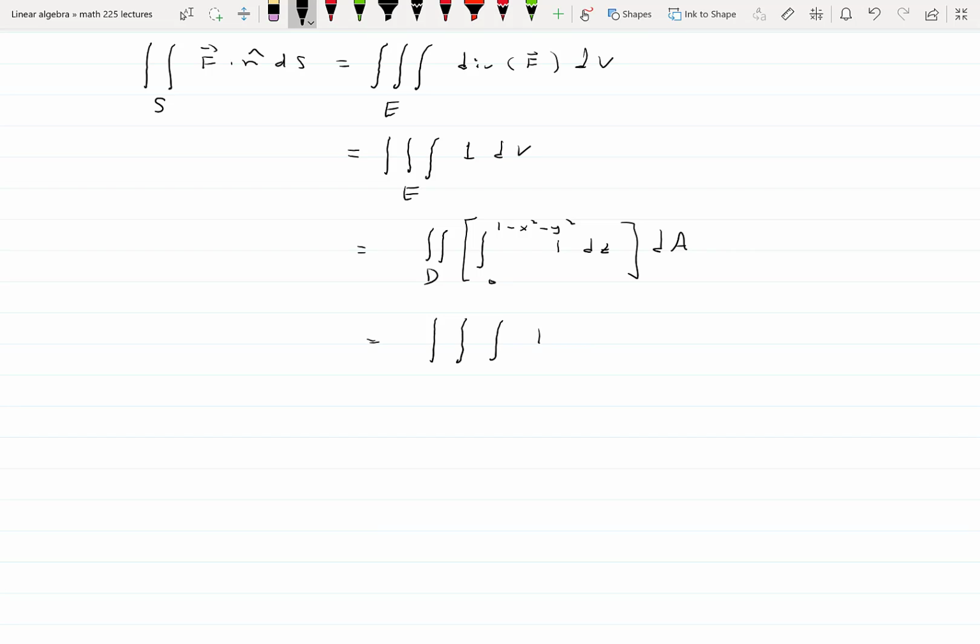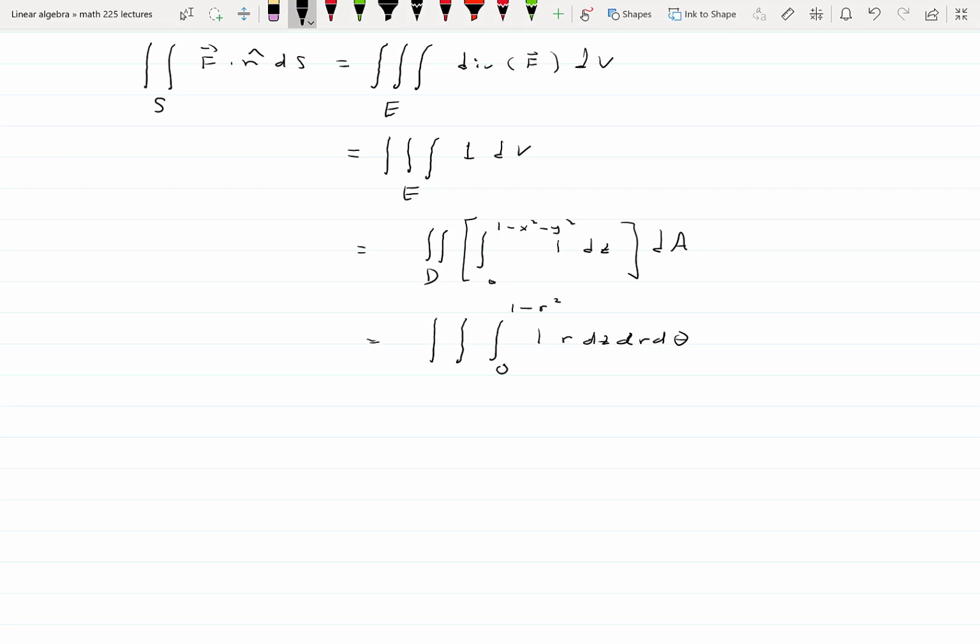So 1, and replace dz dA with r dz dr d theta, where z goes from 0 to 1 minus r squared, since x squared plus y squared is r squared.